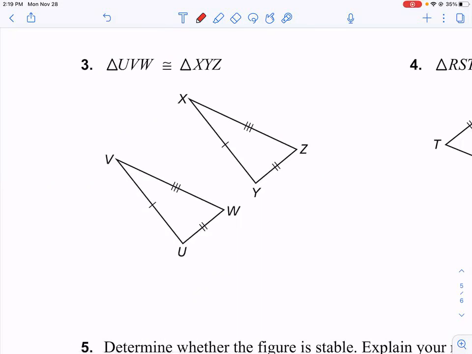How many of you put yes? How many of you put no? Why is it no? UV is congruent to YX and it should be YX.